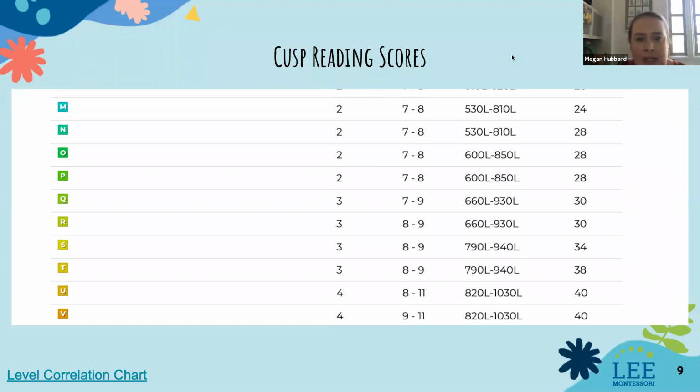I also wanted to take a minute to talk about CUSP reading scores, because we had a significant number of parents reach out about those. For us, those really showed up at the beginning of 4th grade and beginning of 5th grade, where you may have gotten a notification that your child is slightly below grade level for reading.